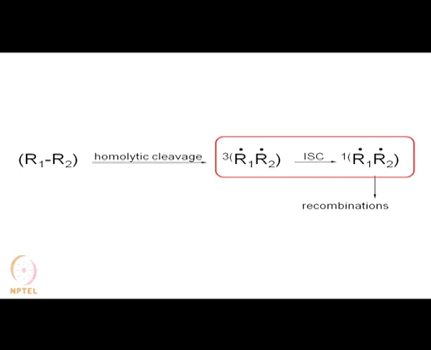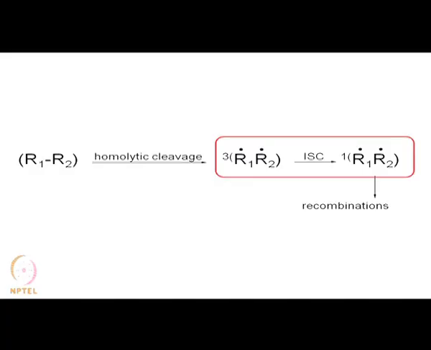A radical pair means the radicals are maybe formed within the same solvent cage, or they may be formed in a different solvent cage. If it is in the same solvent cage, it is called the geminate pair, and the corresponding recombination is called geminate recombination, producing your bond and generating the original species back, or maybe a new species formed.